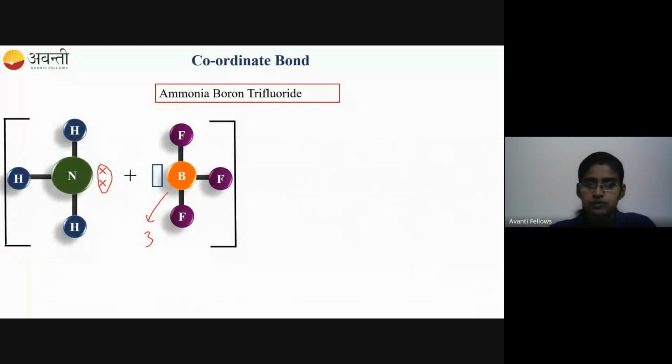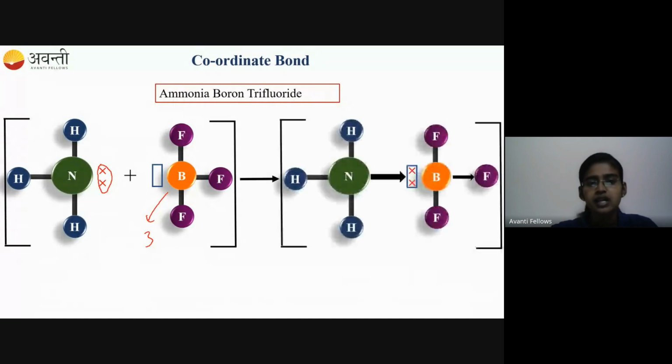Now, what happens? The nitrogen, which has the lone pair of electrons, will come and form a bond with the empty orbital of boron. Now the 2 electrons required to form one bond are coming from the same atom, and this type of bond is called a coordinate bond.